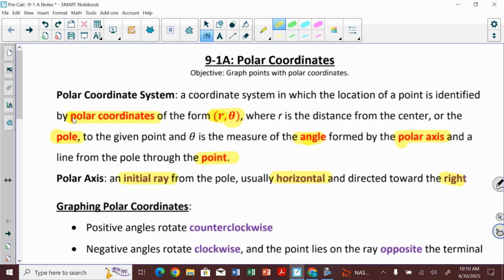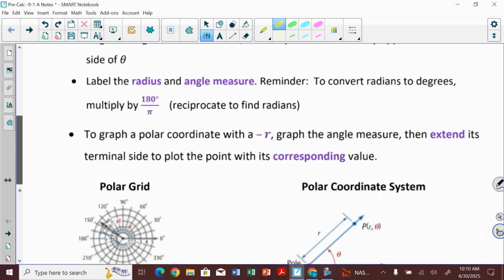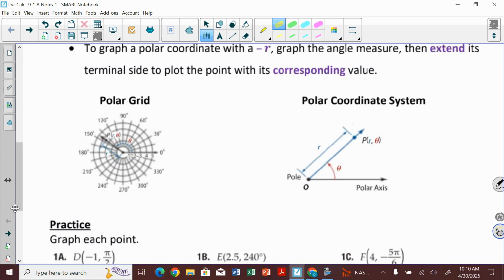So before we go into graphing them, let's take a look at the diagram here, what the polar coordinate system looks like. Here would be your polar axis. It's kind of like an x-axis, just horizontal and to the right.